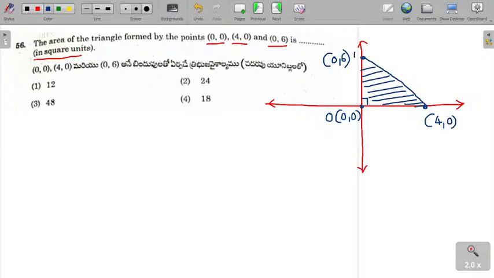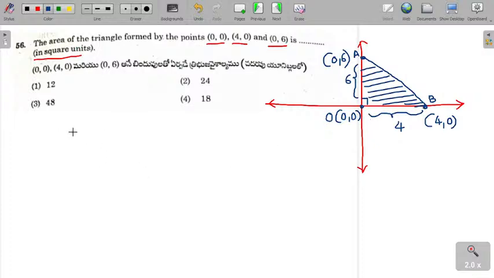Just label it A and B. So according to the figure, it may be useful even for all types of competitive entrance examinations. Now this OB is nothing but 4 units. This OA is nothing but 6 units. So OA and OB are the legs.